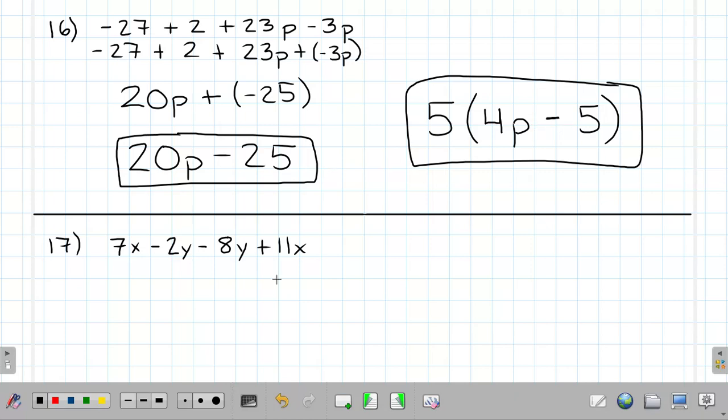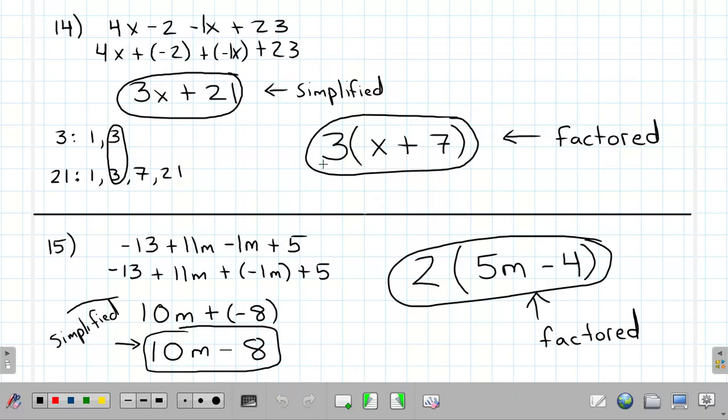And so I didn't do it on the last two, but you could go through and double check yourself. In this case, you can't really check yourself on the simplification, but you can check your factored form, meaning multiply it through. 3 times x gives me the 3x. 3 times 7 gives me the 21. 2 times 5m gives me the 10m. Minus, 2 times 4 gives me the 8.